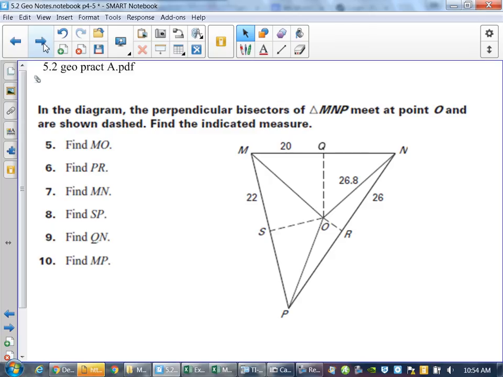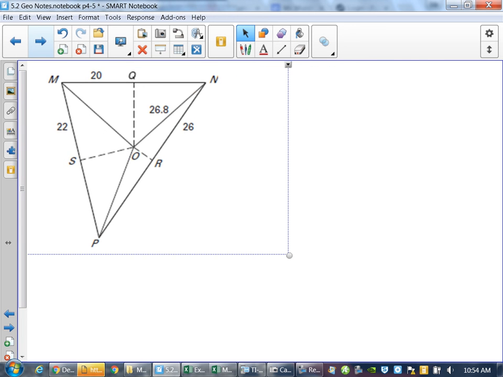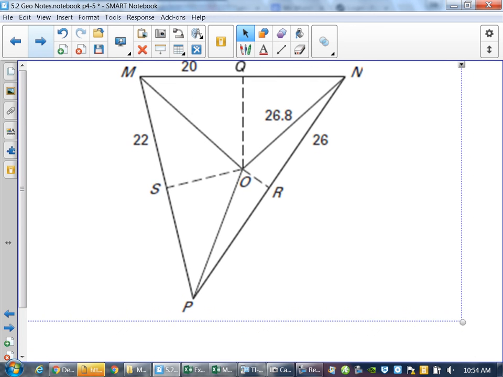So let's move this stuff forward here, and you'll see how the instructions and all this stuff is going to work.